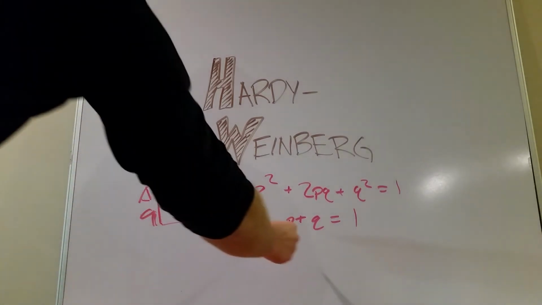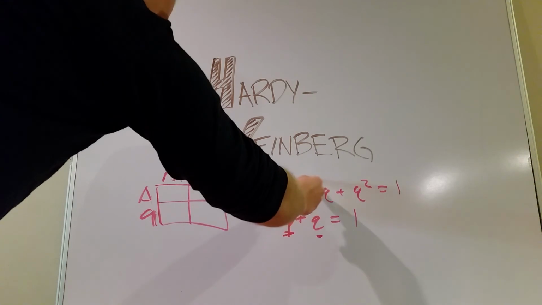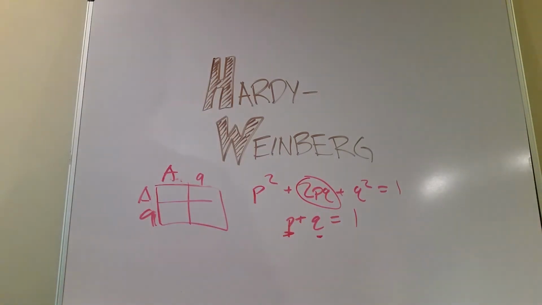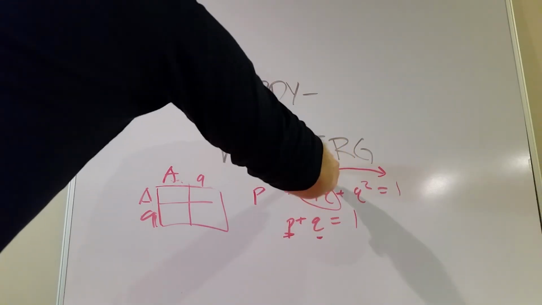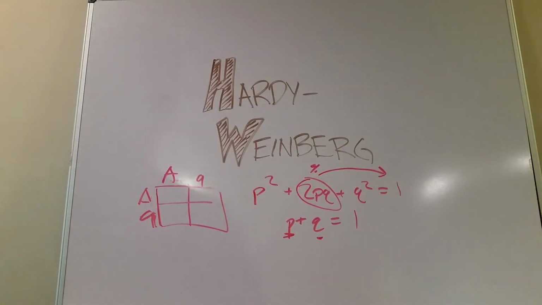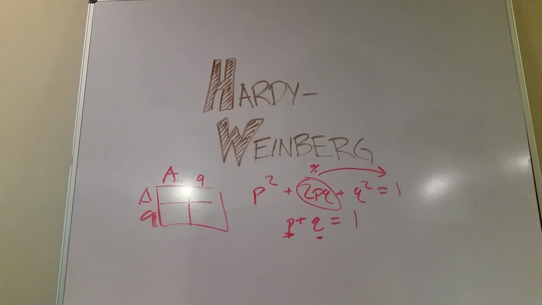Meaning if they give you P and they give you Q, solve for 2PQ, and that'll tell you what percentage of the individuals in your population, if Hardy-Weinberg equilibrium is correct, would be mixed or heterozygous.